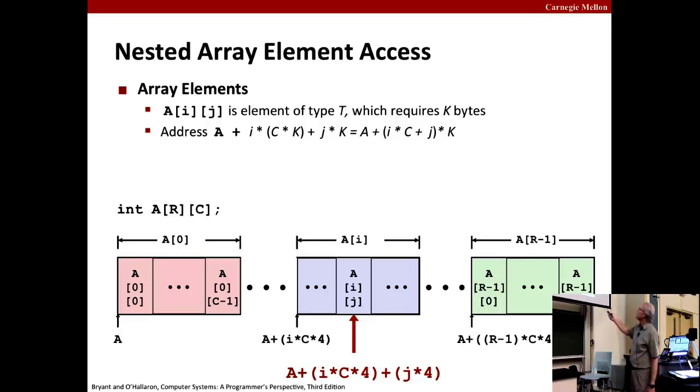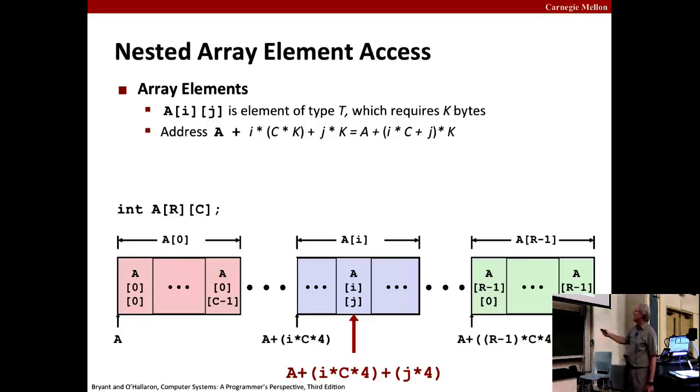You take the starting address, you scale the row number by the number of columns, add to it which column you want, and then multiply that all by k. So the way to see that is, here I can get to row number I by just scaling I by the number of columns times the size of the elements, or 4.